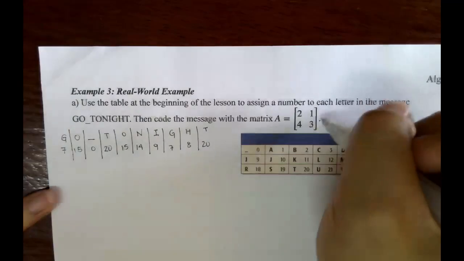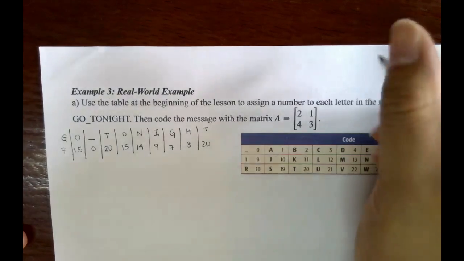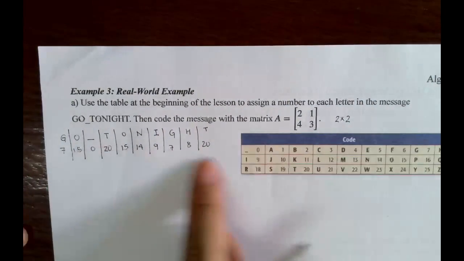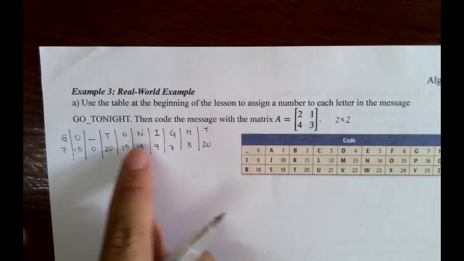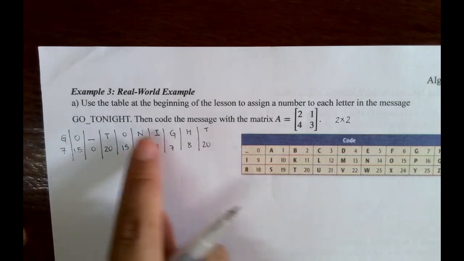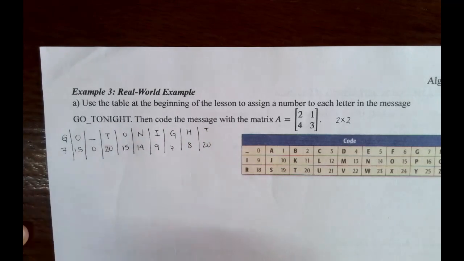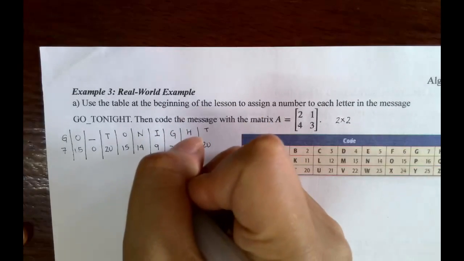Okay. So here, we're going to code it. If this is a 2 by 2 matrix, in order to code it so that we can multiply, here we have 1, 2, 3, 4, 5, 6, 7, 8, 9, 10. I have 10 of our letters or spaces here. So I need to separate it so that it would work.